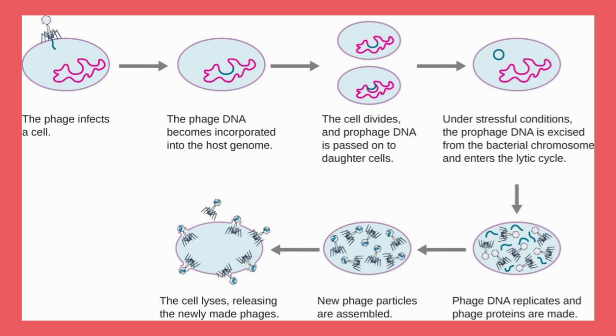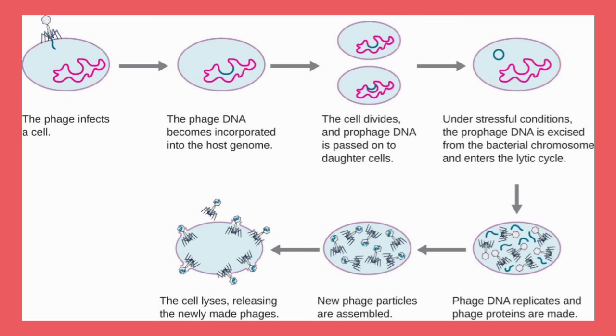In the next step, the cell divides and prophage DNA is passed on to the daughter cells. Next, under stressful conditions, the prophage DNA is excised from the bacterial chromosome and enters the lytic cycle.